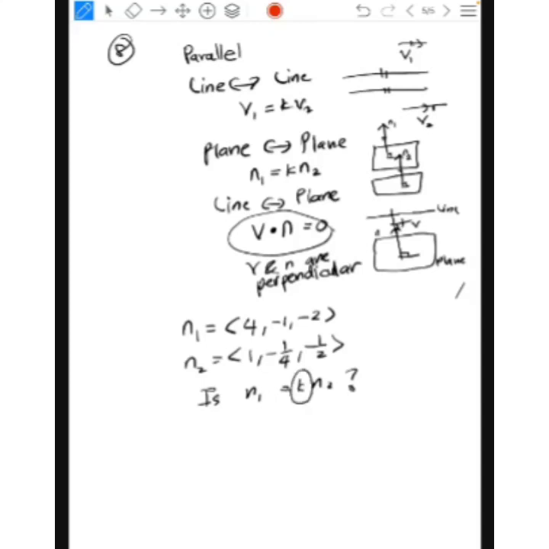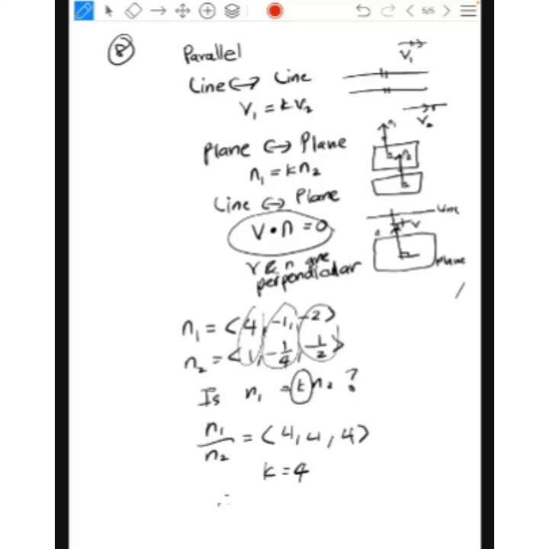You just divide each term, n1 divided by n2, or n2 divided by n1 pun boleh, tak kisah. Then you'll find 4 over 1 is 4, -1 bagi -1/4 sama dengan 4 juga, and -2 bahagi negatif 1/2 pun sama juga dengan 4. So you find k equals 4.